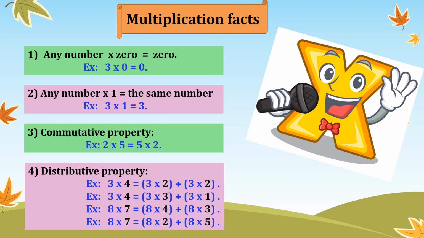I can split 7 into 6 and 1. It will be 8 times 6 plus 8 times 1. Or 7 plus 0. It will be 8 times 7 plus 8 times 0. And so on.